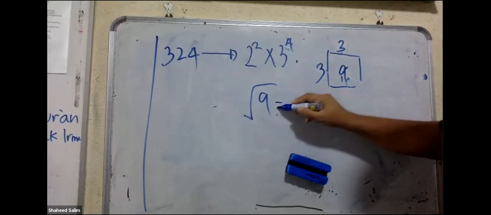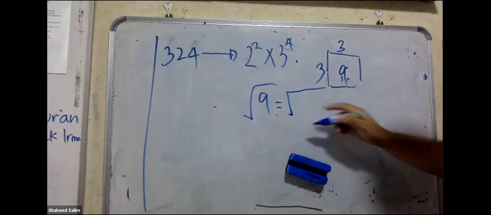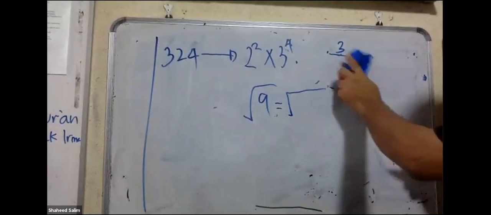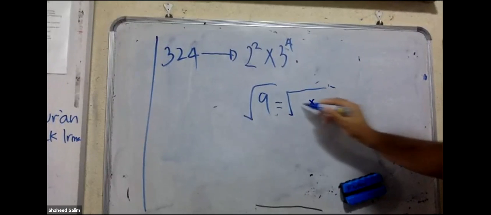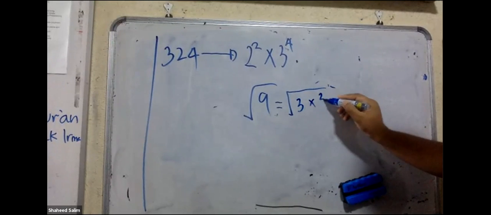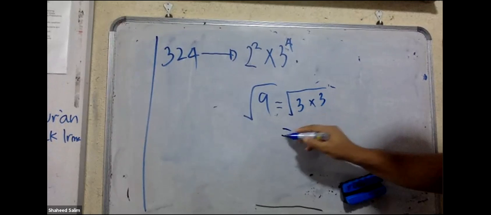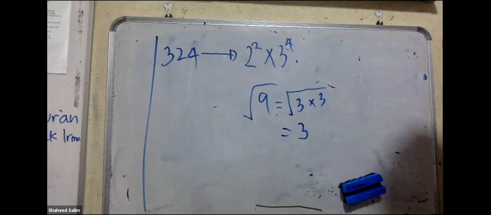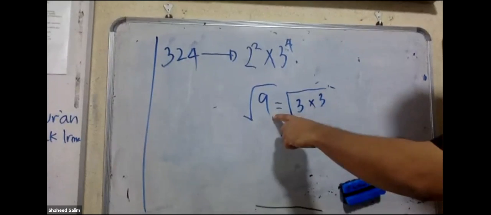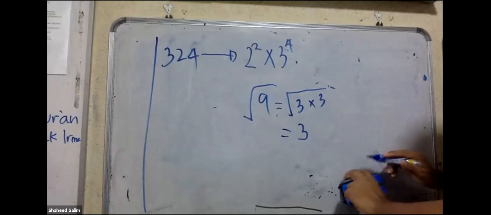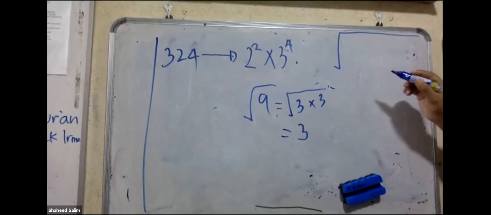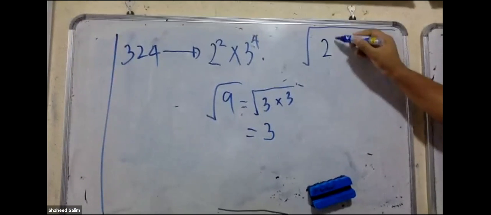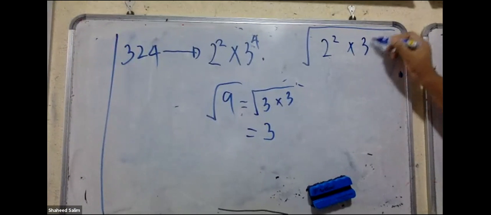So this is the square root sign. If I make two numbers times itself, 3 times 3, then the answer will be 3. Can you see that? In order for me to square root this, now I want to square root 2 to the power 2 times 3 to the power 4.